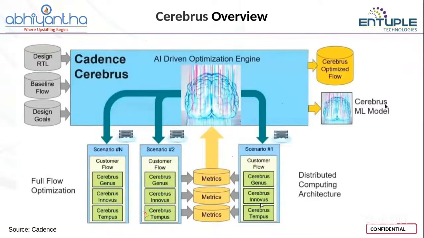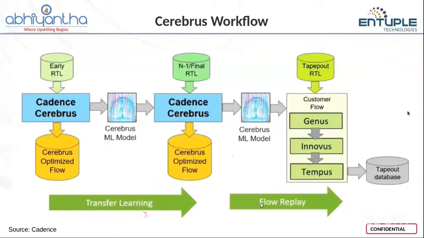Then what is the Cerebrus workflow? Earlier we were doing this RTL design. The Cerebrus optimized flow will be there after this ML model. You can see the RTL and the final RTL design, that is our final before going for the physical design.